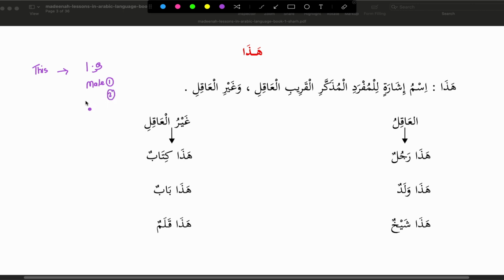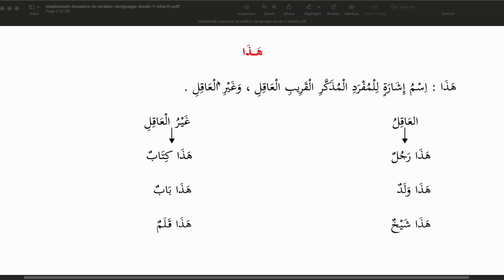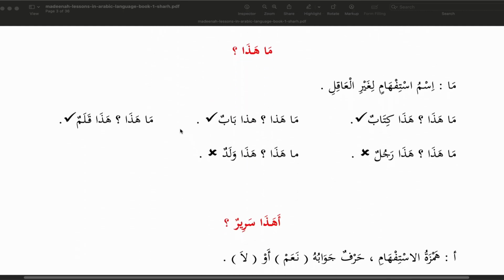Number two, it is pointing towards something singular. Number three, it is pointing towards something that is near. And number four, it can be human or non-human. So that's what we learn in this topic.